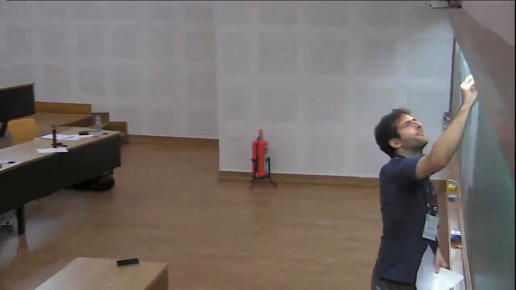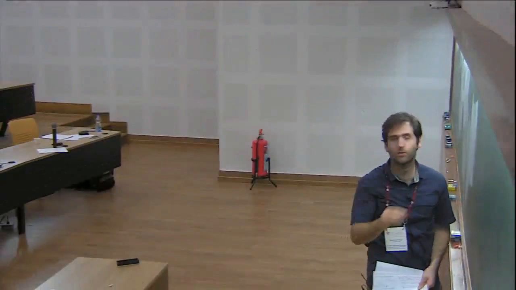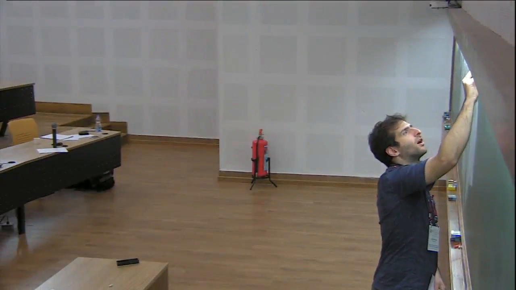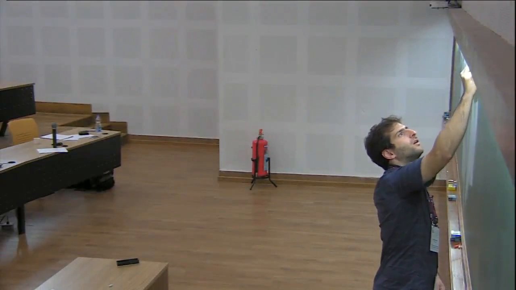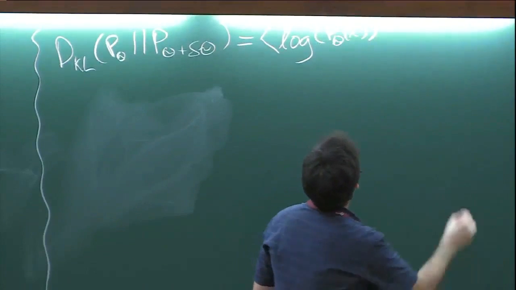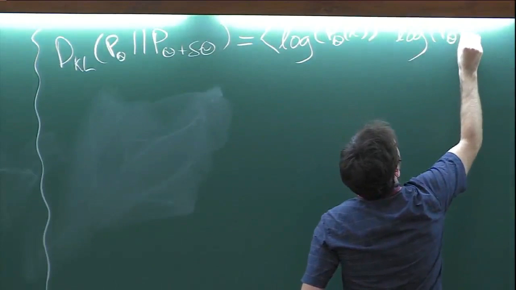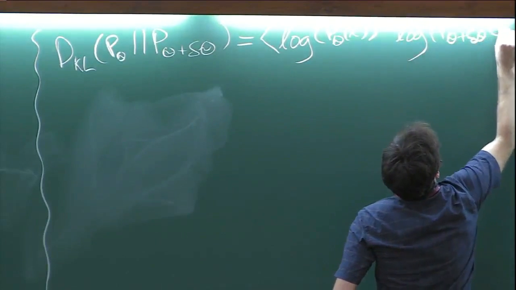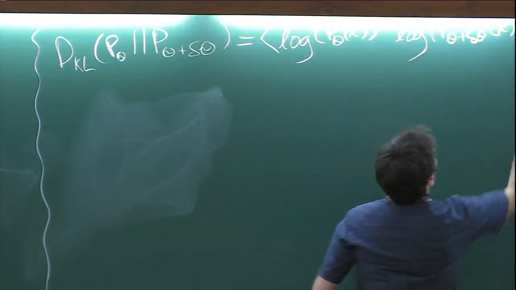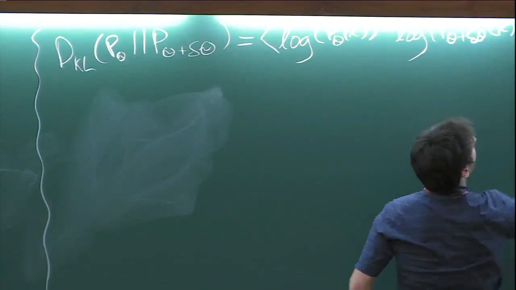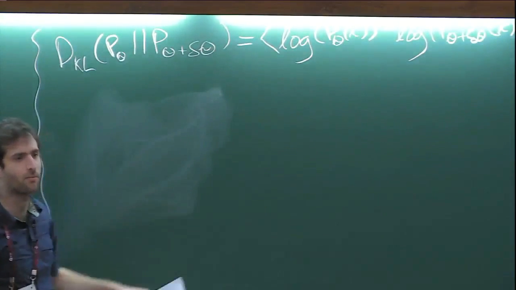And remember that we can write this as the expectation value of log P theta of x minus log P theta plus delta theta of x, all on the probability distribution defined by theta.